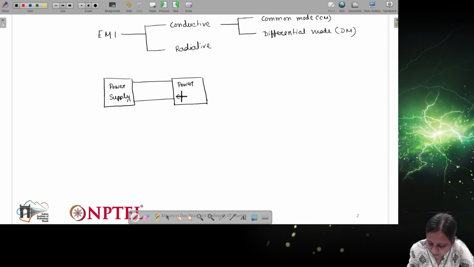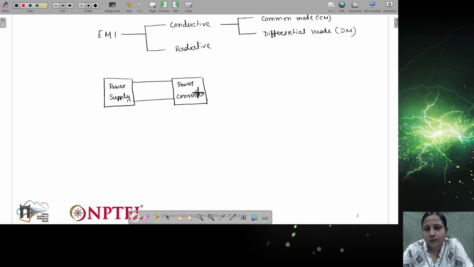We have to check whether this power converter is getting affected by EMI noise, either conductive or radiative. If so, then we have to provide a solution. Before measuring this EMI, we first have to understand what EMIs can be present in the power converter. That is what I am going to discuss today.